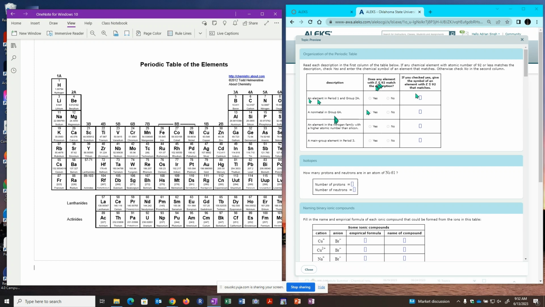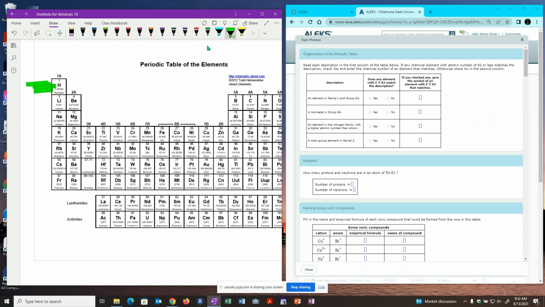So it says an element in period 1 and group 2A. So period 1 is the first row. The period is the row on the periodic table. So our first period here would be this one. That's period 1.